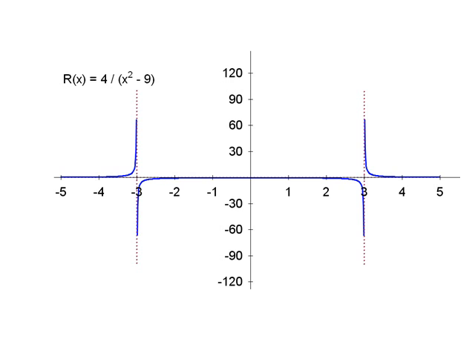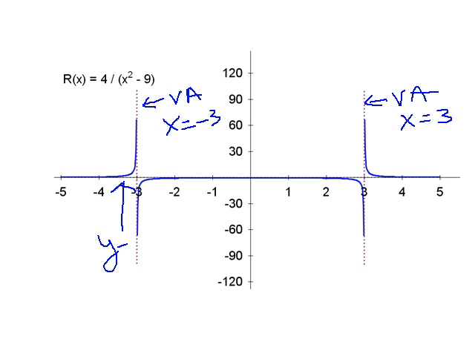So here's a graph of this function. You see a vertical asymptote at x equals minus 3. Here's another one at x equals plus 3. And the horizontal asymptote is at y equals 0. Now to sketch the function in between, you need several points.